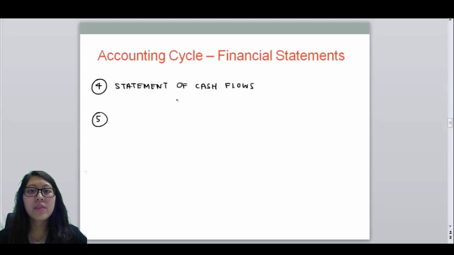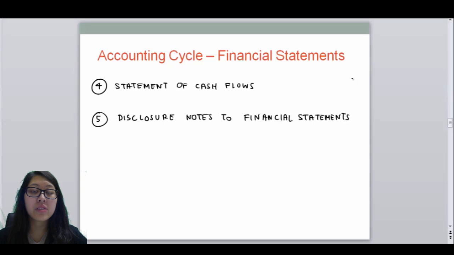Fifth is the disclosure notes to the financial statements. Now, disclosure notes are mainly for additional information to the information that is already provided by the other financial statements.